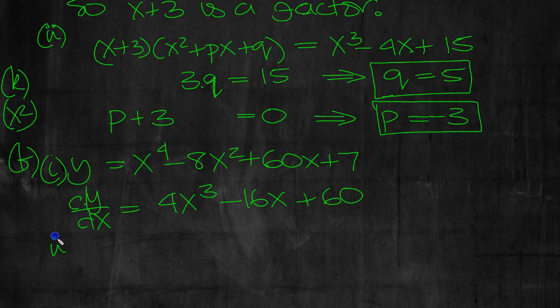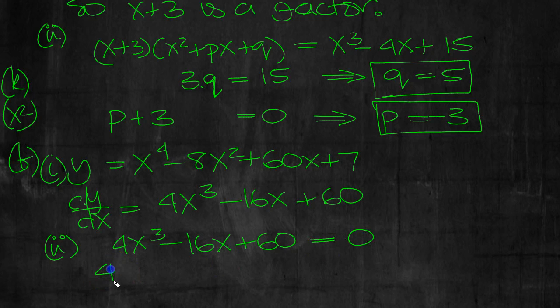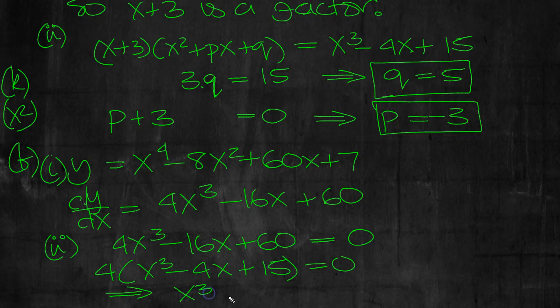Part 2. 4x cubed minus 16x plus 60 equals 0. Take a 4 out as common: x cubed minus 4x plus 15 equals 0. Divide by 4 both sides. x cubed minus 4x plus 15 equals 0. So that's B part 2.